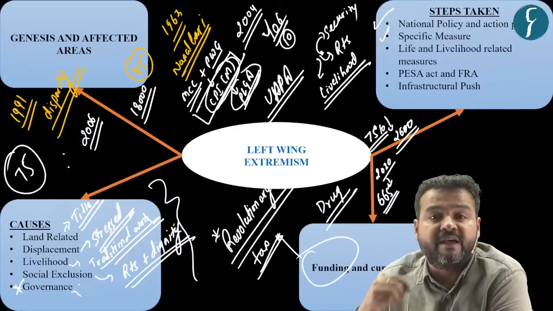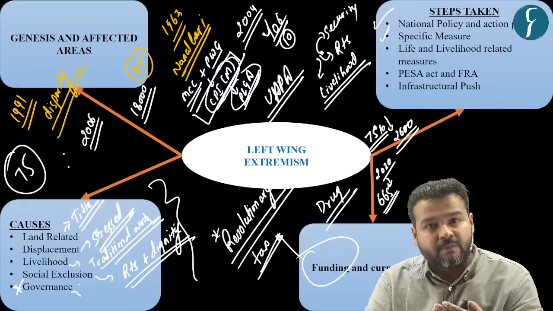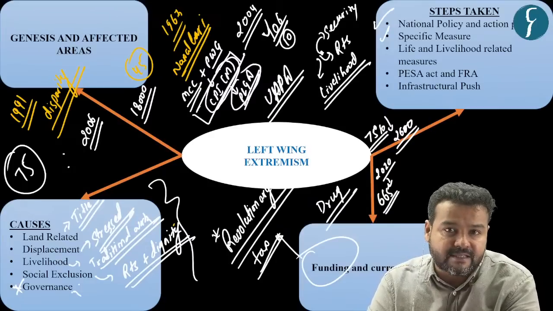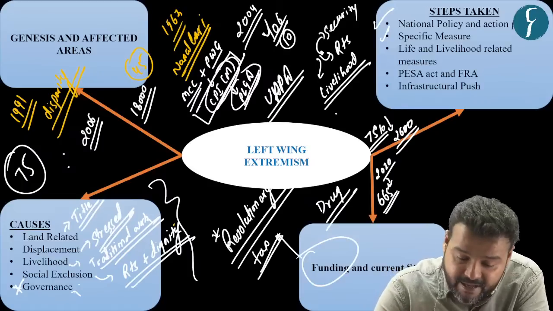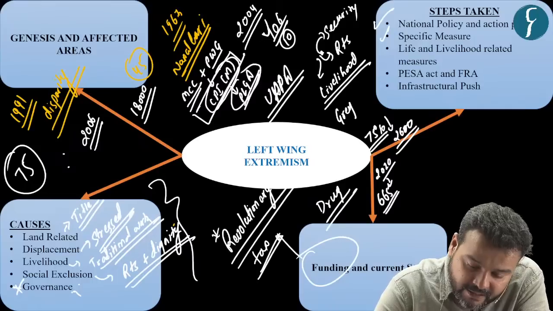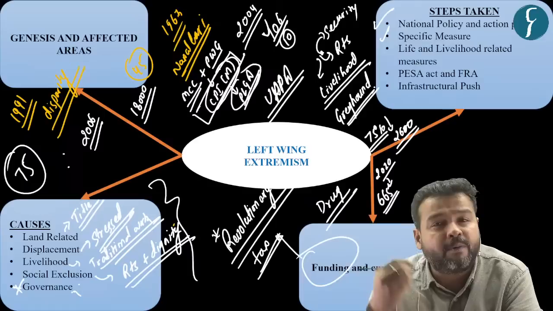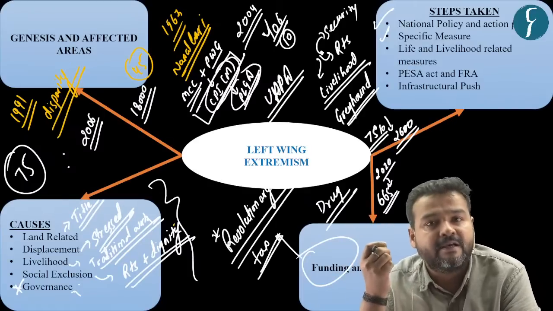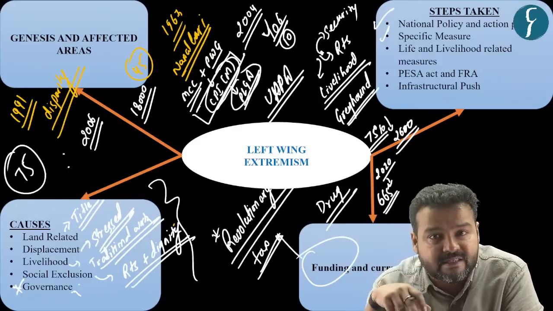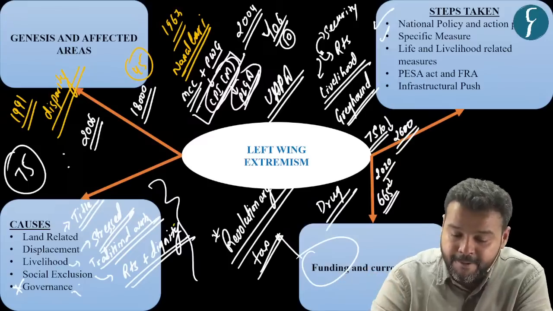Further, they are helping in training and providing armaments for the fight against Naxalism. And you might have heard about specialized forces like Greyhounds of Andhra Pradesh and Cobra Battalion of CRPF. They are sending CAPFs, that is central forces, in these areas. So these are some specific measures that they have taken.